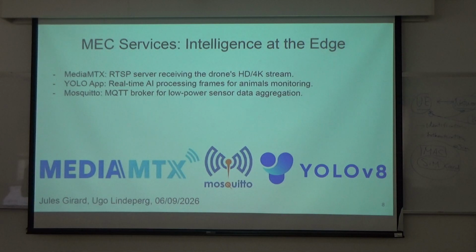YOLO is a small model for prediction with AI. So in real time we can process the frames from the MediaMTX server and detect, for example, animals. The third service is Mosquitto. It's a simple Mosquitto broker, so you can send data from IoT devices to the broker.